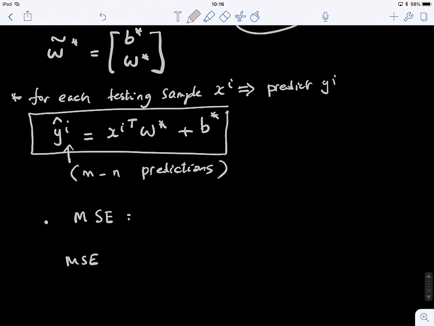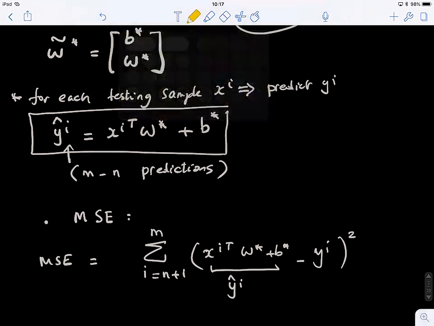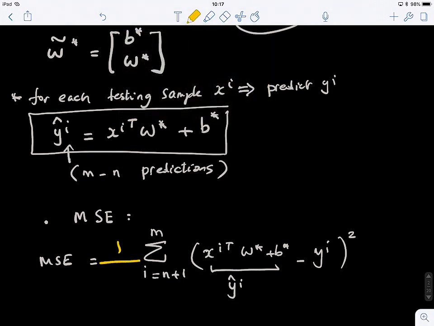So MSE is the sum over our testing samples, so n plus 1 to m, of our prediction y_i hat minus the ground truth y_i, squared. So it's exactly our loss, but we normalize it. So we divide it by the number of testing samples, and in this case it's m minus n. Okay, so this will tell you how good your model is.